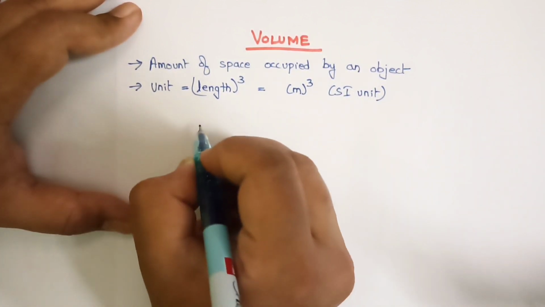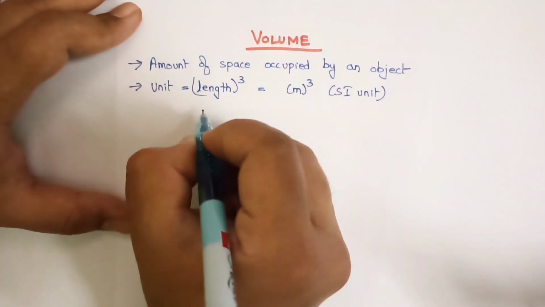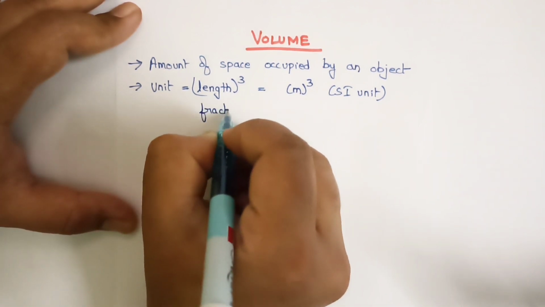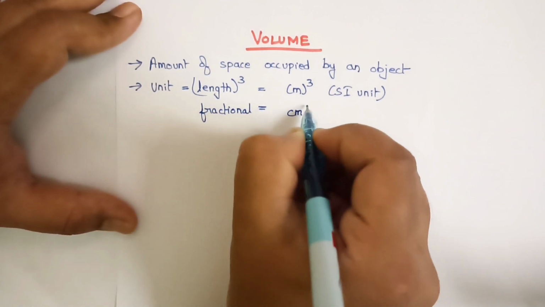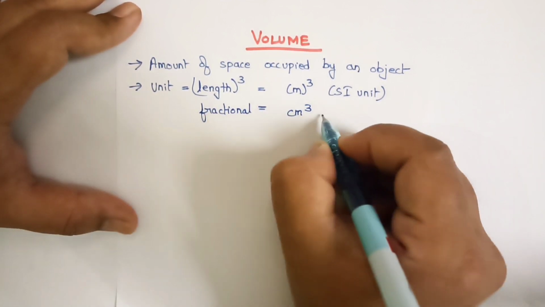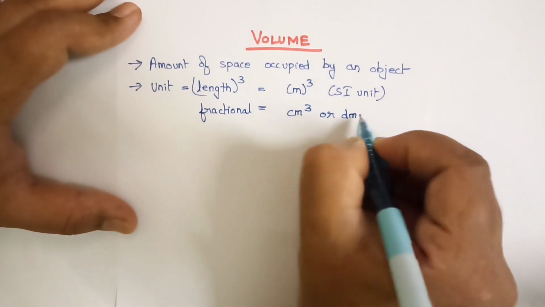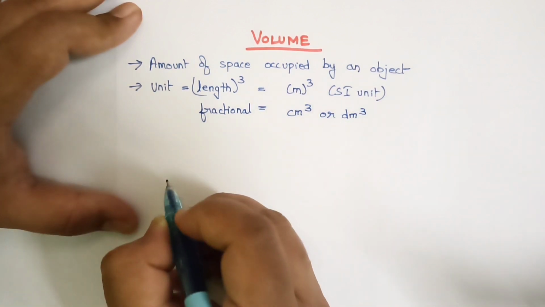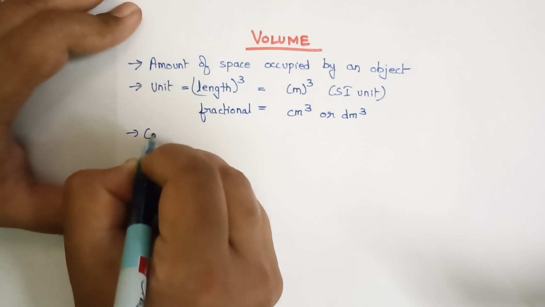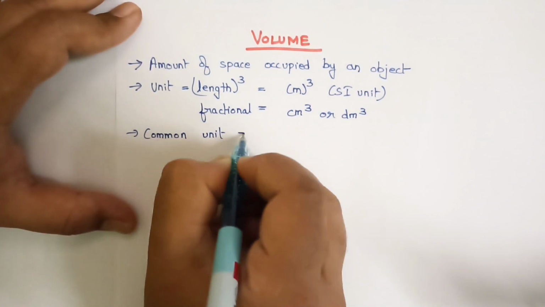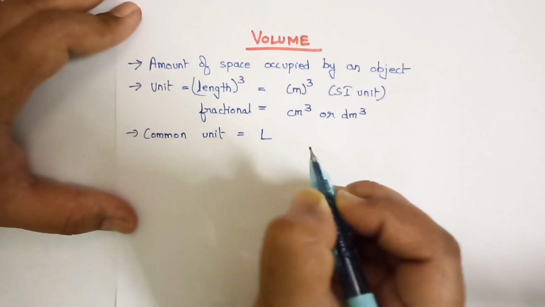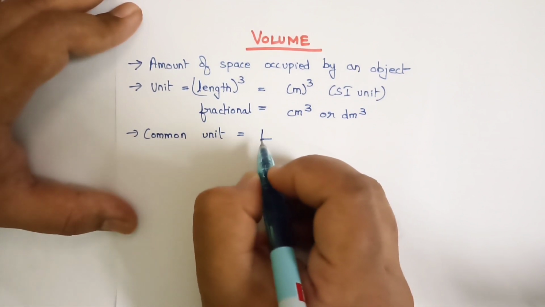In the laboratory, I told you we measure smaller quantities, no? So its fractional unit or smaller unit will be centimeter cube or decimeter cube. The common unit of measurement of volume which we use in our day-to-day life is liter.